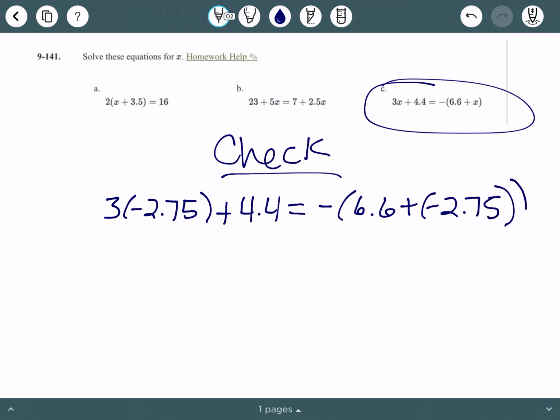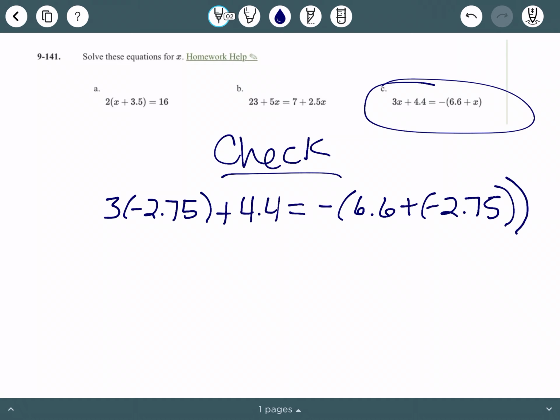Again, see how I'm using my parentheses, and I have, oh my goodness, a double parenthesis. That's okay. It looks funny, but if you don't have that, that's how we get into dangerous territory where we might get the wrong answer. So let's go ahead and plug each side into the calculator.